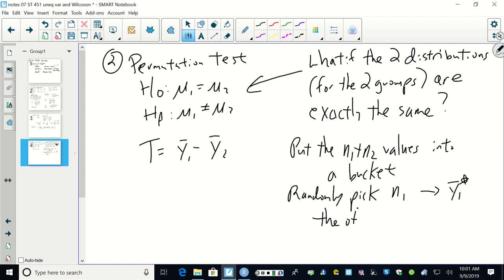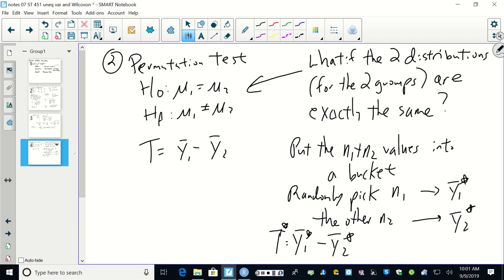The other N2 of them are in the second group, and we're going to calculate y bar 2. So we're keeping the N1, N2 sample sizes the same for the first and second groups. And then our simulated difference, our T star, is y bar 1 star minus y bar 2 star.